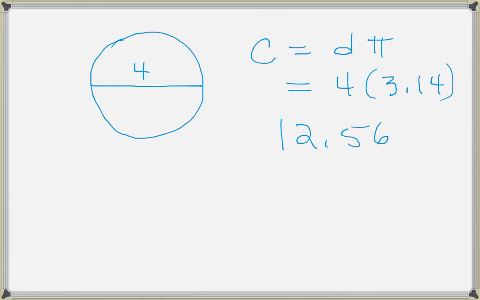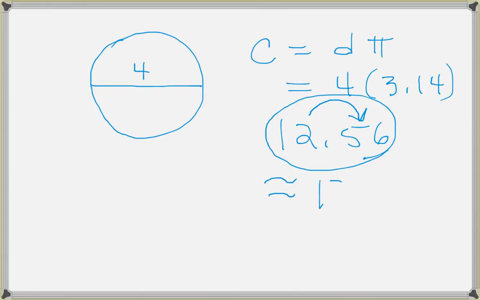And of course we would check to see what they want us to round to, and it says round to the nearest unit, or the nearest whole number. So when we're looking at this one, 12.56, since the next number is 5 or bigger, we would say approximately, that's what the squiggly lines are for, 13, and the units for this one is feet, so approximately 13 feet. That's what we're getting for that one.